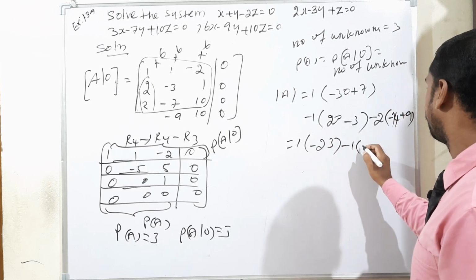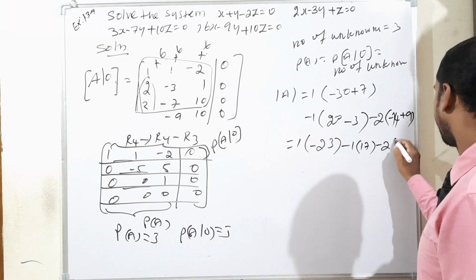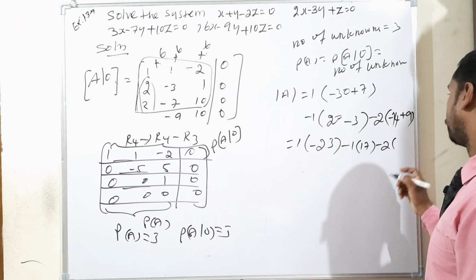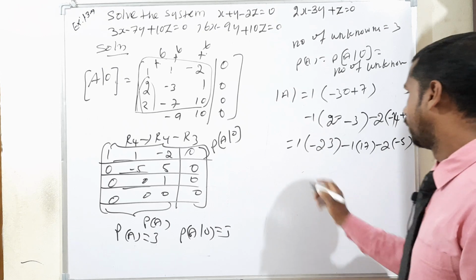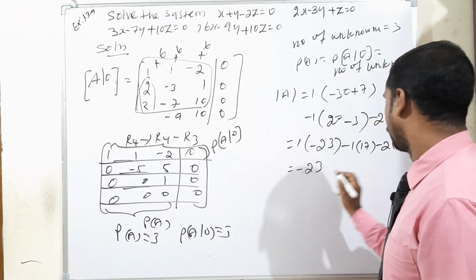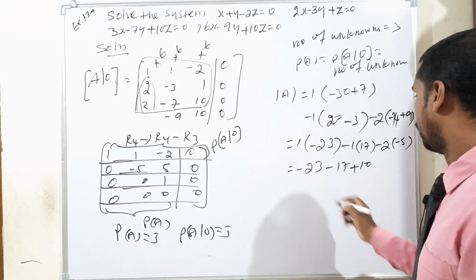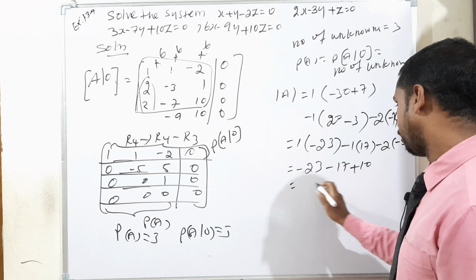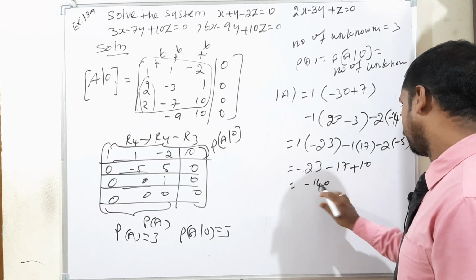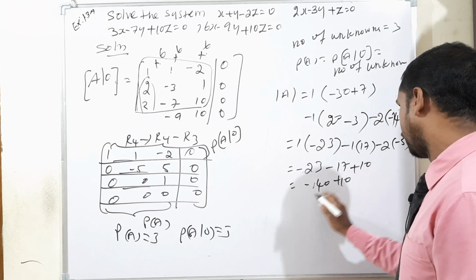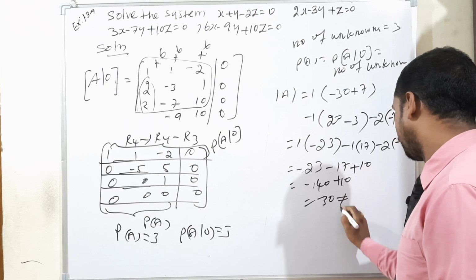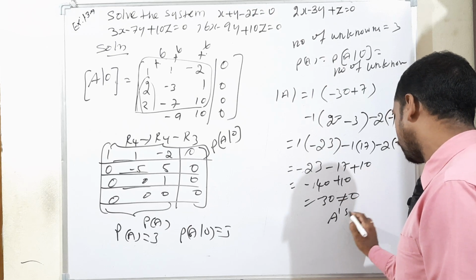Minus 1 means 20 minus 3, 17. Minus 2 means minus 14 plus 9, so definitely minus 5 will come. So minus 23 minus 17, plus 10 will come, isn't it? So minus 23 minus 17 means minus 40, then plus 10. The answer is definitely minus 30, which is not equal to 0, which means A inverse also exists.